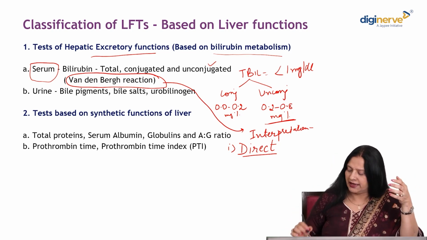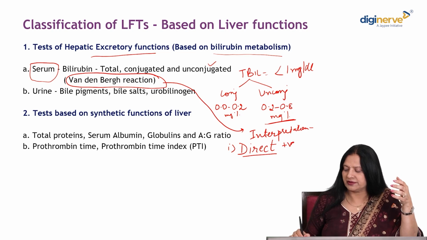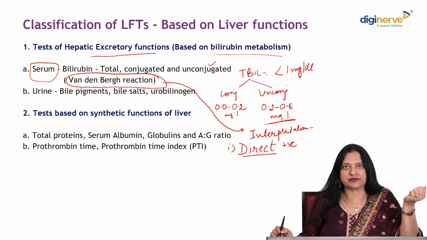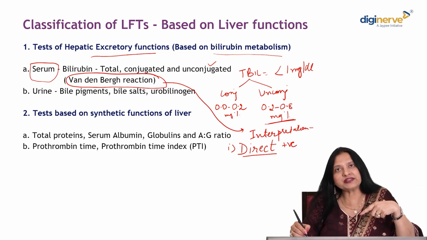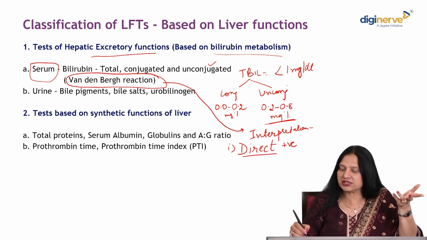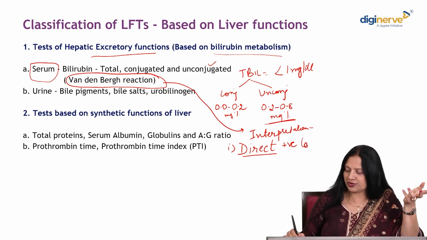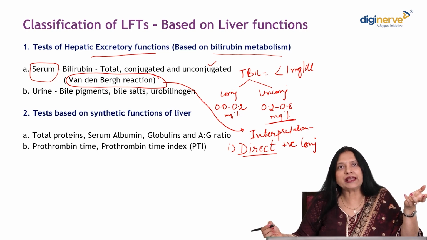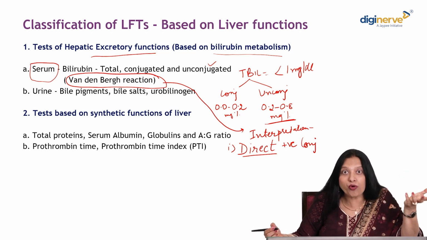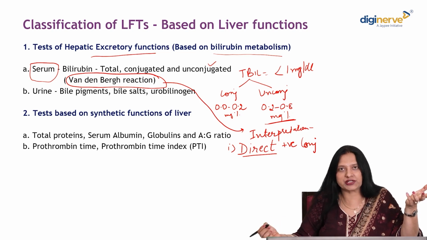That is known as Van den Bergh direct positive. Which bilirubin will give this positive? Obviously, the one which is water soluble, that is the conjugated one. And this conjugated fraction is more in the serum in cases of obstructive jaundice.